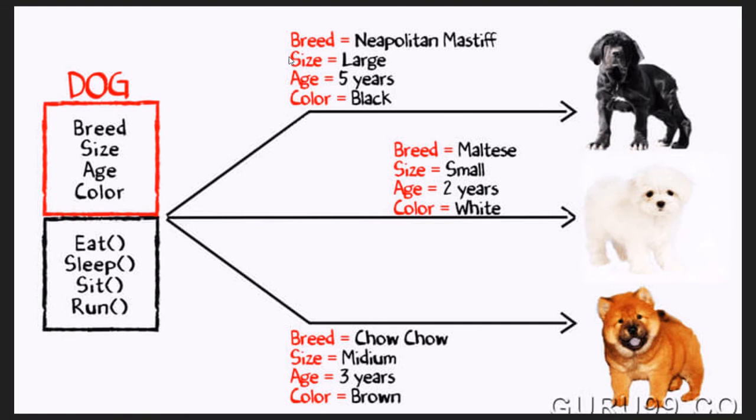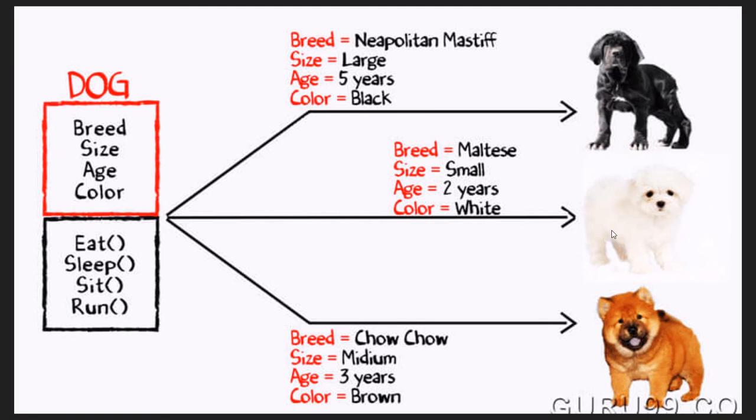And these instance variables are provided so that they give the dog its characteristics. So this dog object, or this instance of a dog, has these private instance variables initialized. Its breed is Neapolitan Mastiff, its size is large, age 5 years, color black.